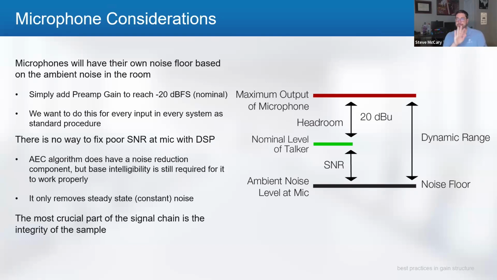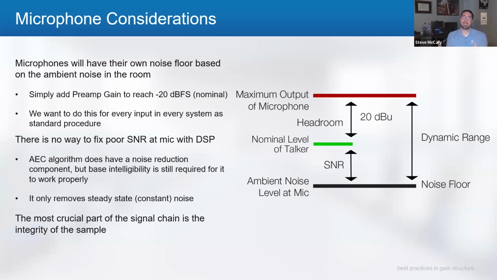Okay. So let's talk about microphones. Microphones are a little bit different in that they're going to have their own noise floor because they are picking up noise in the room. So when we look at the AVIXA standards for speech intelligibility, that references a 15 dB signal to noise ratio.